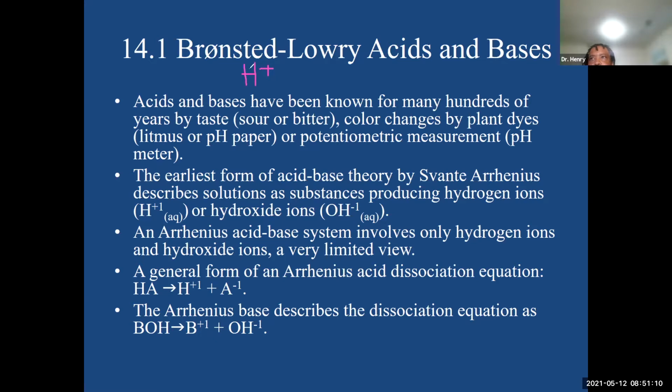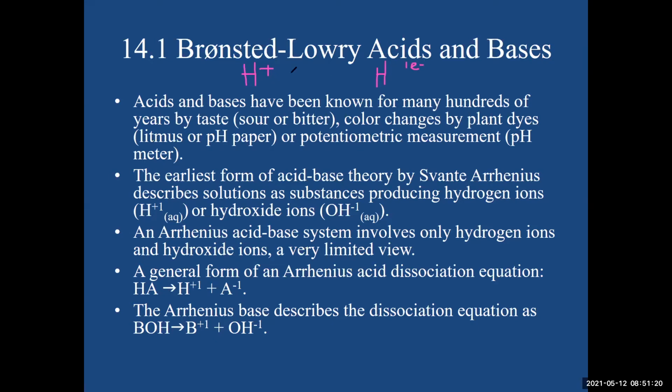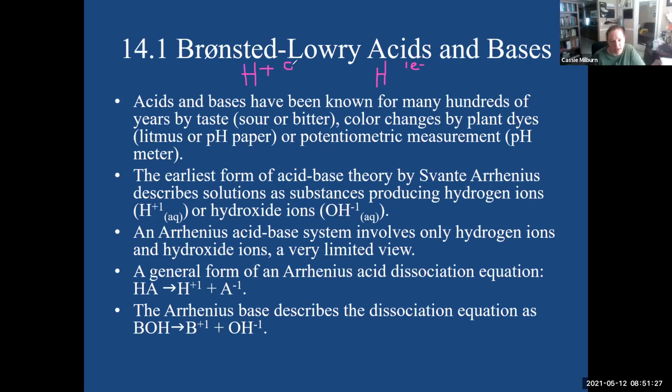How many electrons does H plus have? We know that H has 1 electron. So how many does H plus have? Well, you're losing the electron because it's positive. That's right, so we have 0 electrons. How many protons does H plus have?